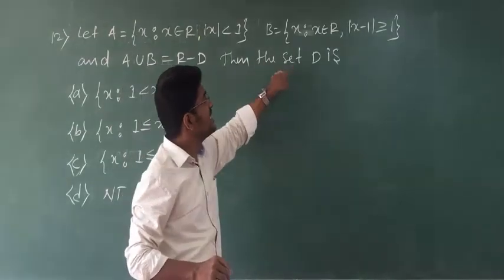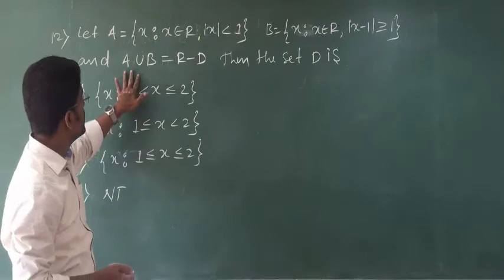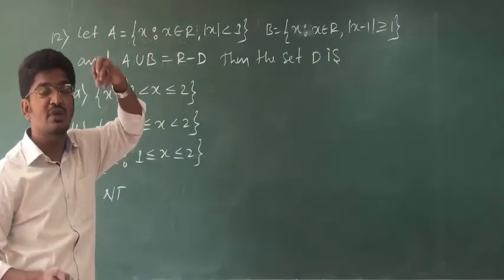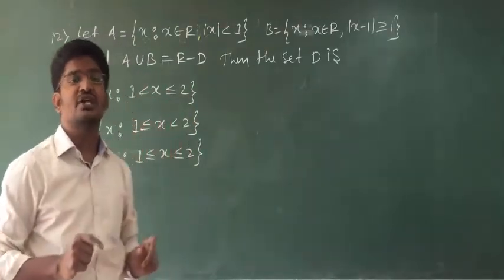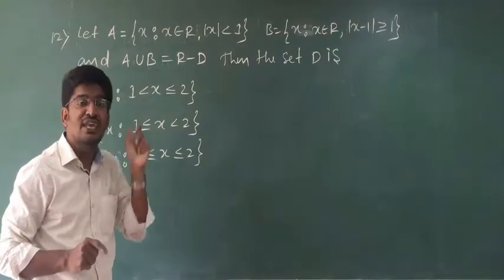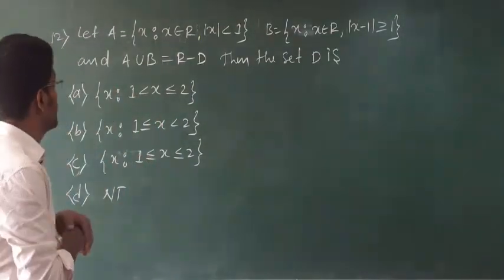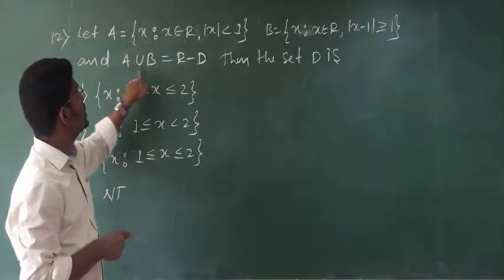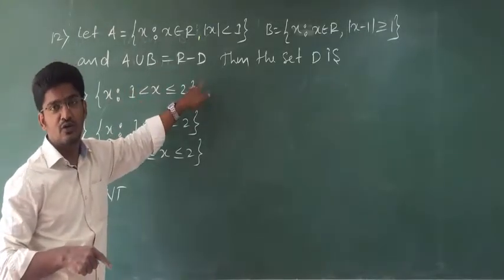Then the set D is what? Okay. So they have given A union B equal to R minus D. R minus D means real numbers. Elements should be in real numbers but not in D. They are asking that. Okay. So first let us calculate A union B. Then let us calculate R minus D. No problem.